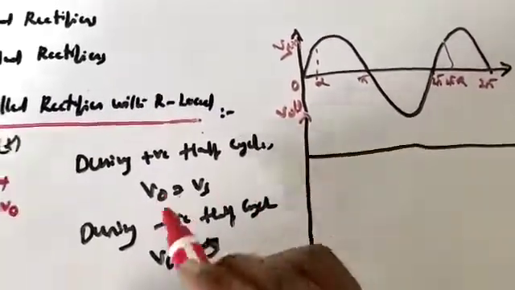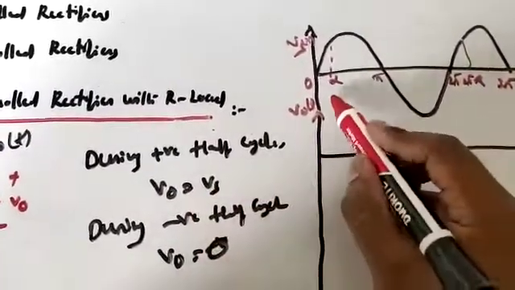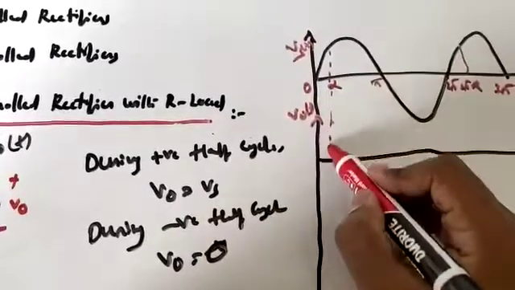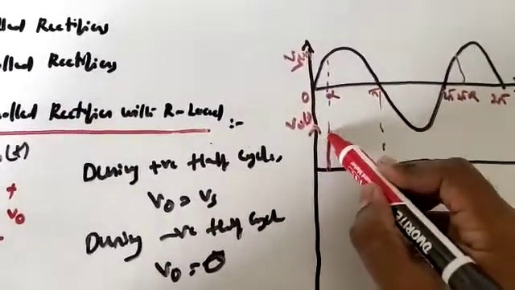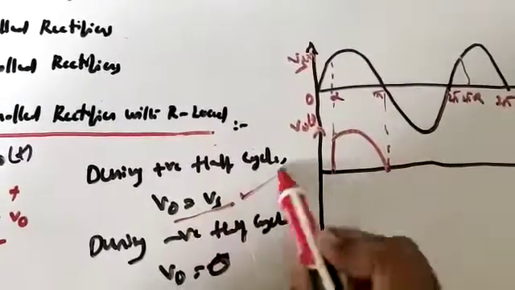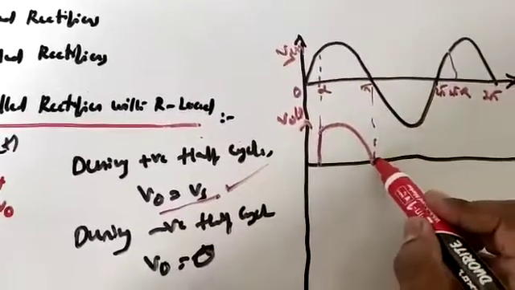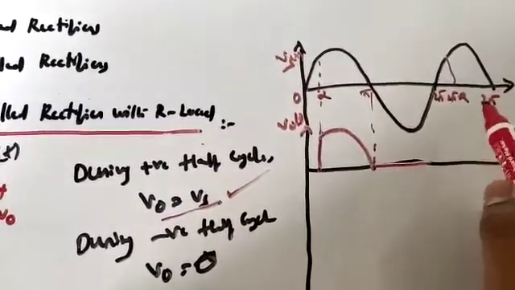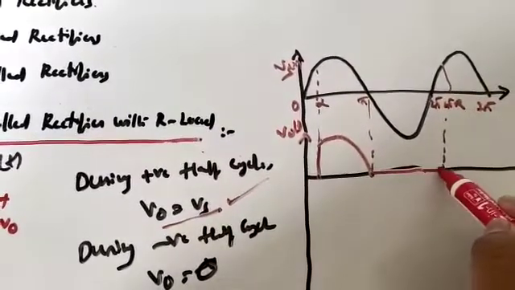So during the positive half cycle, v0 equal to Vs. So the exact replica is going to happen. After giving the triggering angle, the exact replica is going to happen over this. During the positive half cycle, v0 equal to Vs, and during the negative half cycle, what about v0? It is 0, until we trigger in the next cycle.